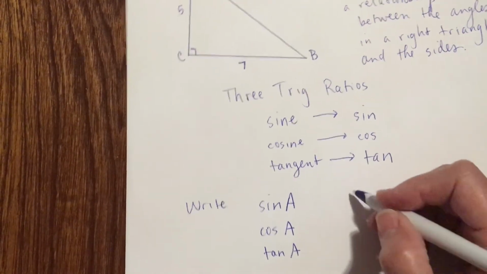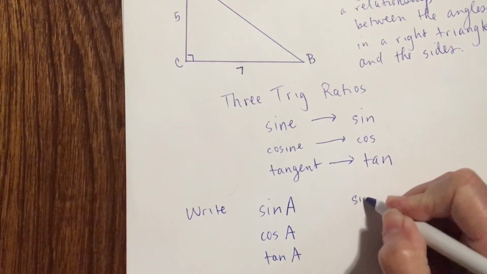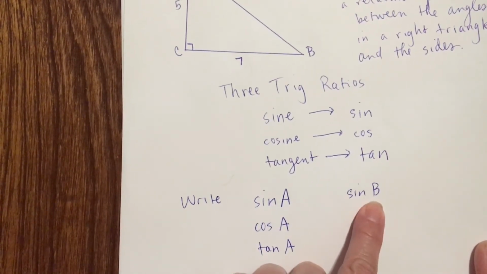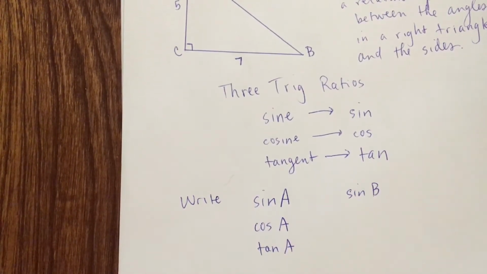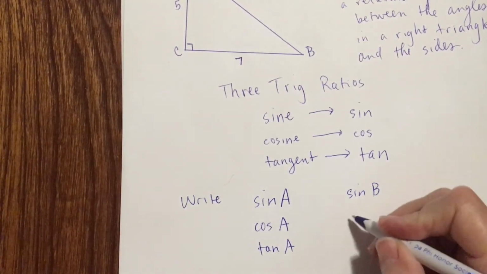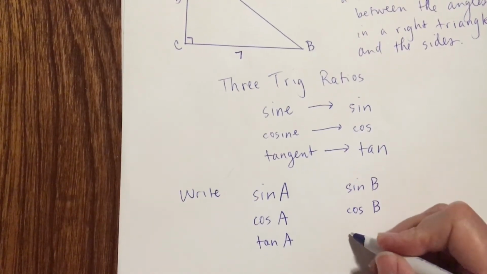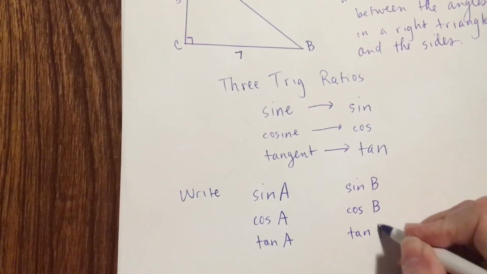I could write sine of B. You have to give the angle, or we don't know what you're looking at and pulling from on that triangle. I can write cosine of B and the tangent of B.